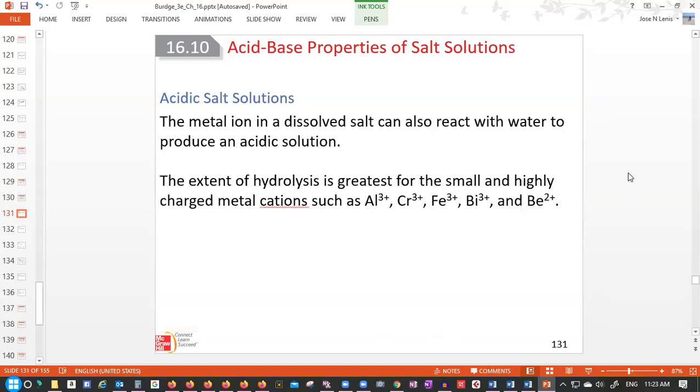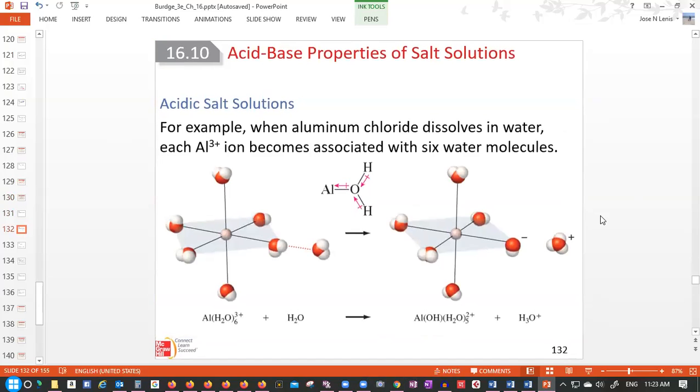Metal cations that have a charge, they are cations, they can hydrolyze too. And also form complexes. At the beginning of the semester, we do some demonstrations, formation of complex, and we compare different salts.